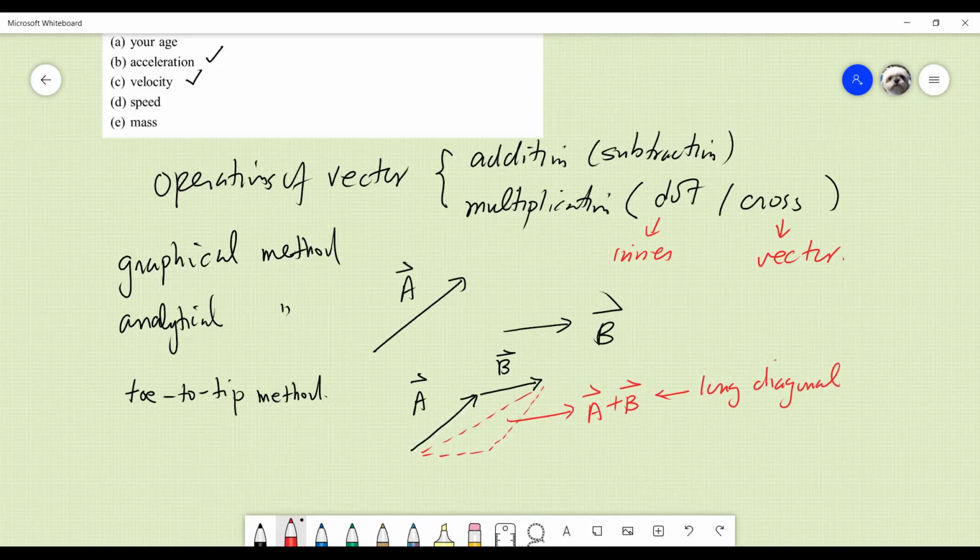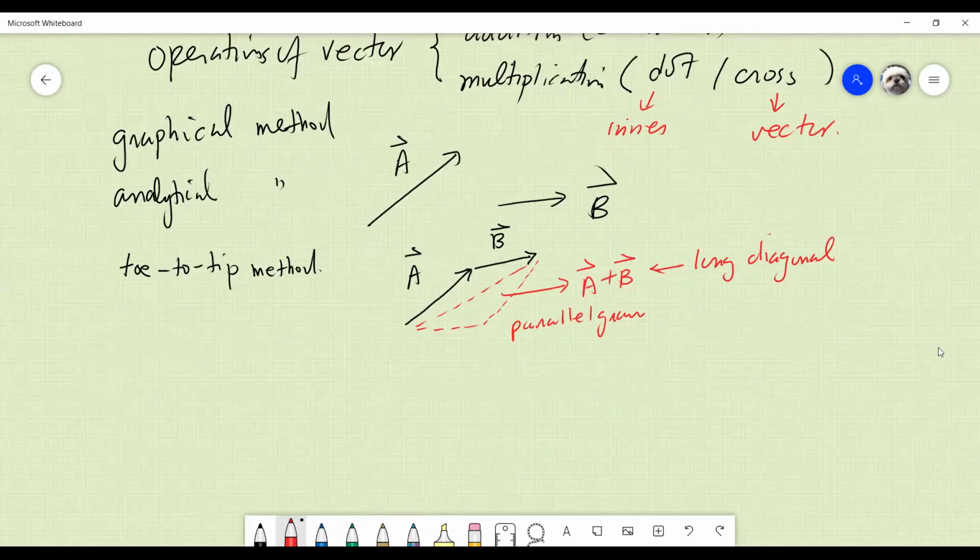Because I have a parallelogram. So A plus B will be the long diagonal of the parallelogram, and A and B will be the sides of the parallelogram.